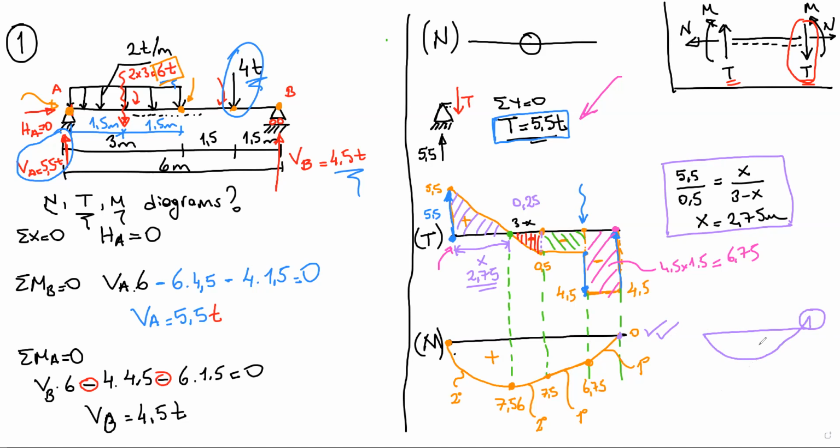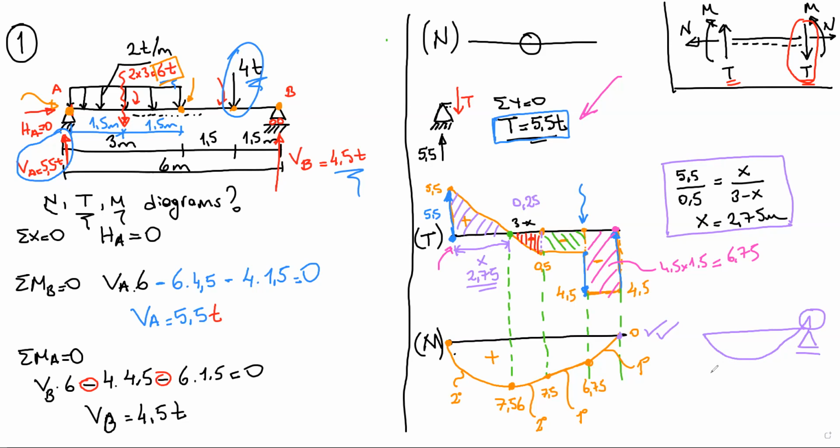Please go back and check your calculations, because we know that there is a roller support here, and on this roller support there will be moment 0 for simple beams.